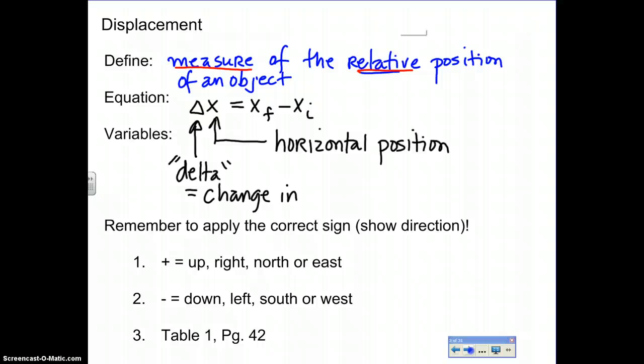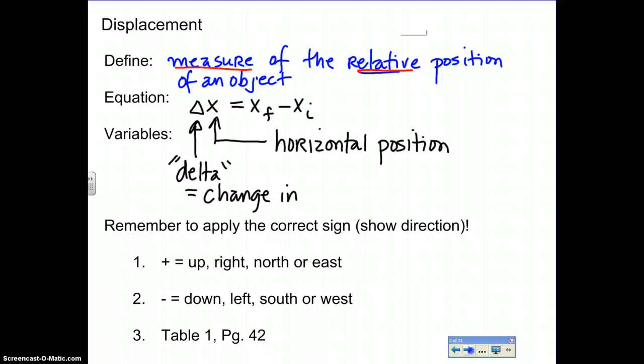So what we really have here is an equation that says the change in position from one point on the number line to another point on the number line can be identified by taking our final point and subtracting the initial point. So imagine that we had something that started at the number 2 on a number line, and then it moved to the number 5 on the number line.